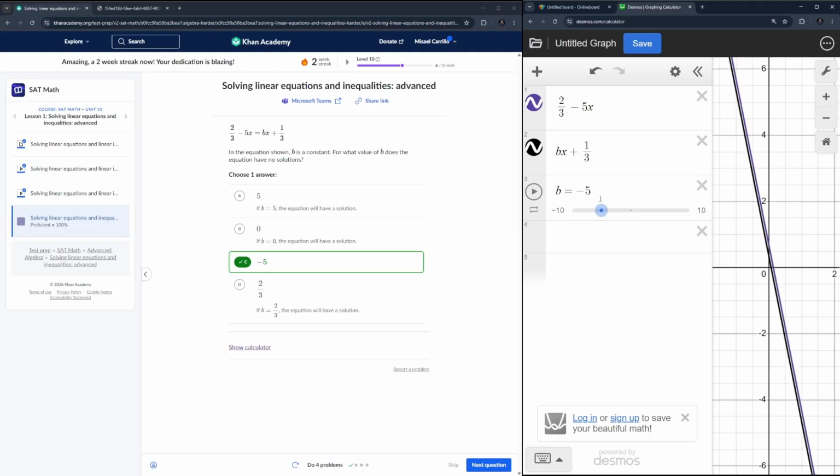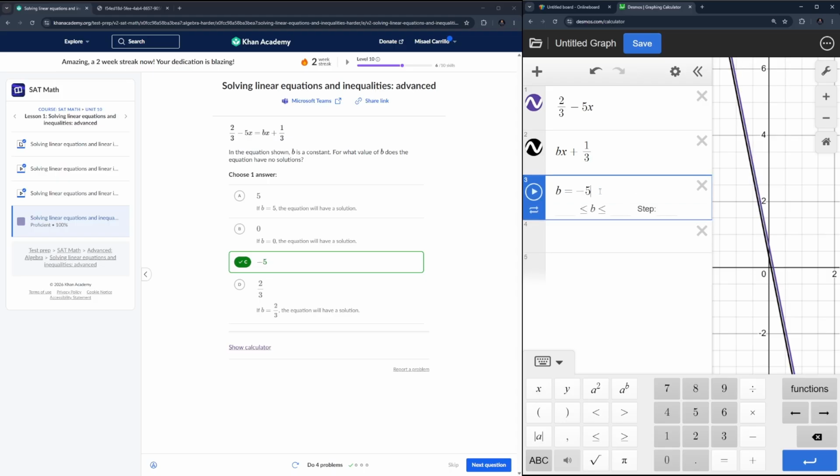If you plug in any of the other options like 0, they all have solutions. +5 has a solution. So the best thing I guess is to realize that if this is -5x, then this has to be -5x for them to have no solution, but you could also confirm it here on Desmos.